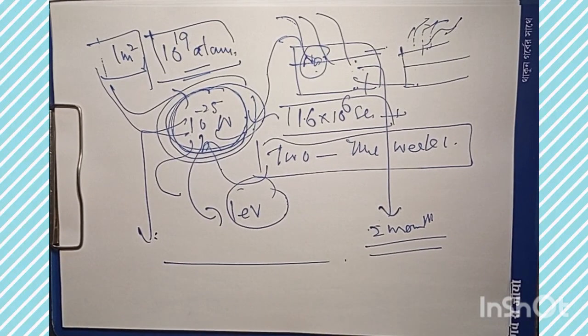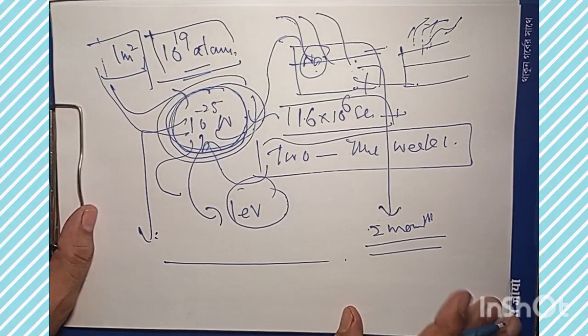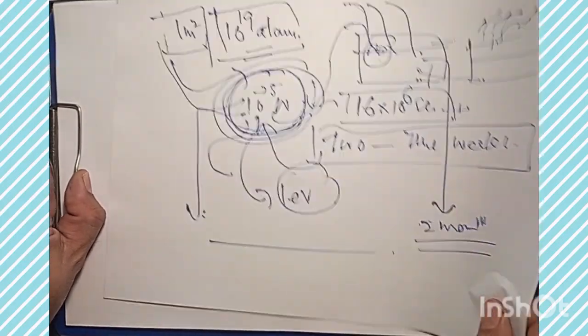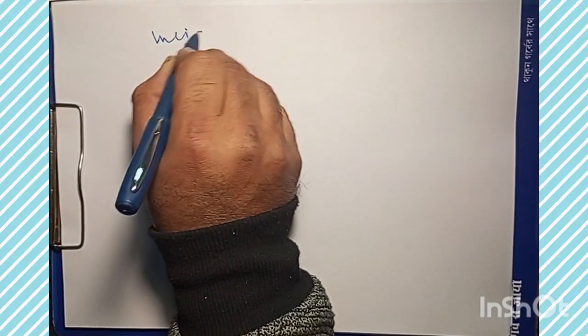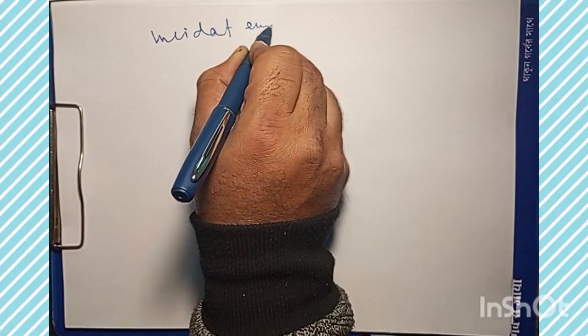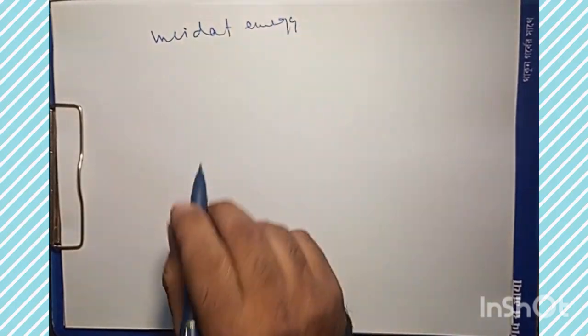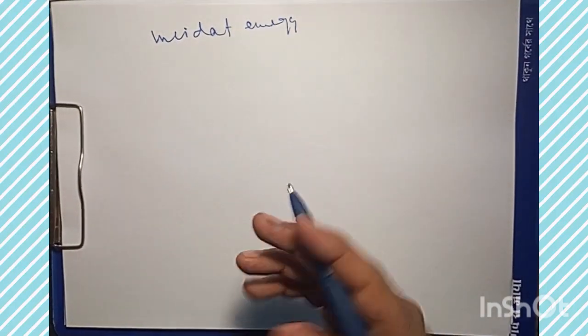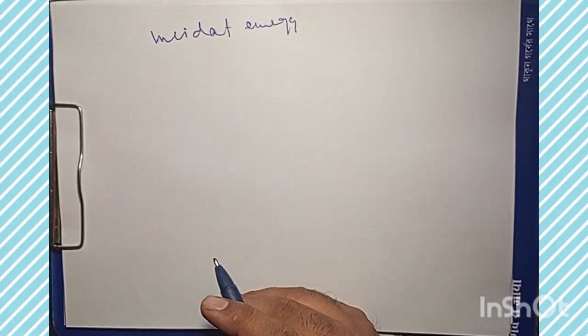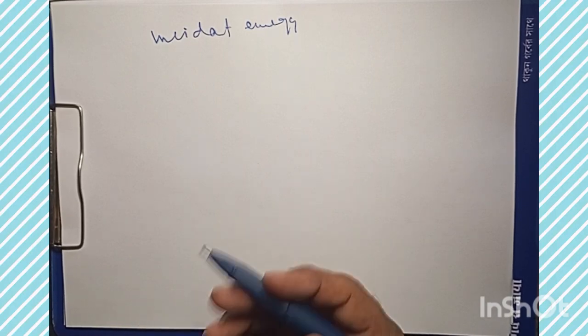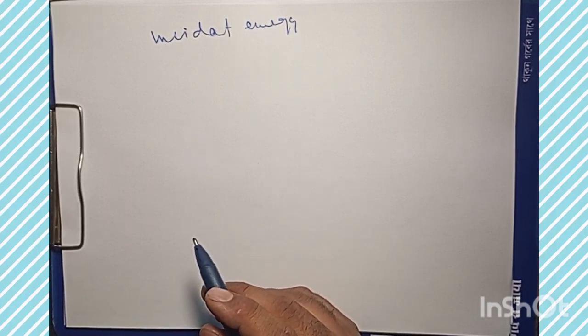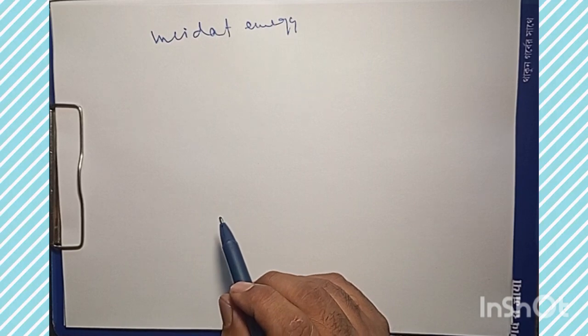Now, secondly, according to the classical electromagnetic theory, the ejection of an electron should depend upon the incident energy. And what is the incident energy in classical electromagnetic theory? The intensity of the light, and it should not depend on the frequency. What does it mean?